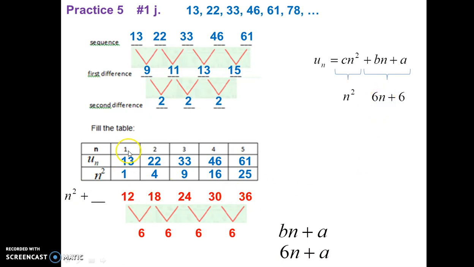We also need an additional 6. That's how our linear portion looks in this case. So our final rule is n squared plus 6n plus 6. Here we can see that the linear part was not enough. We needed 6n plus 6 to create these numbers.